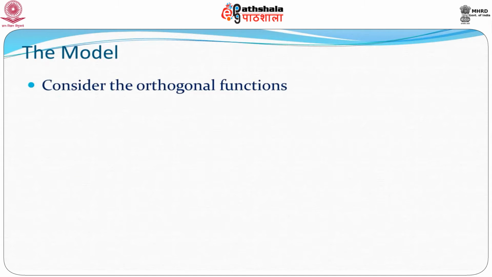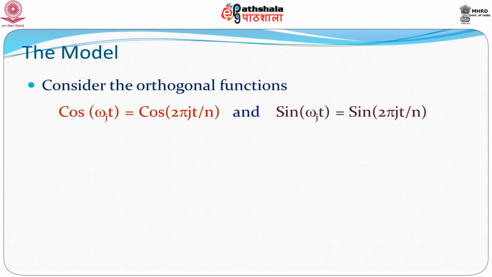Now, before we come to this model, let us consider the orthogonal functions. So, cos omega_j t is cos 2 pi j t by n in our case, and similarly we will be looking at the functions sin omega_j t, which is sin 2 pi j t by n.